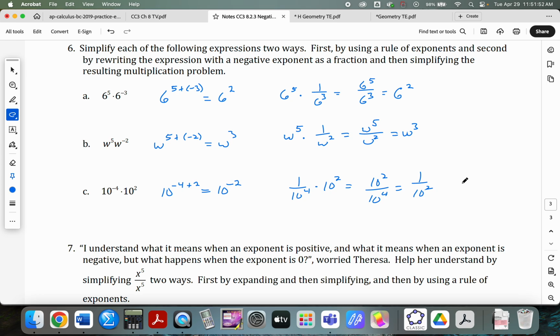So it's the same thing. That could also be written as 10 to the negative 2. So when the exponent is negative, basically you take the reciprocal. You flip it over.